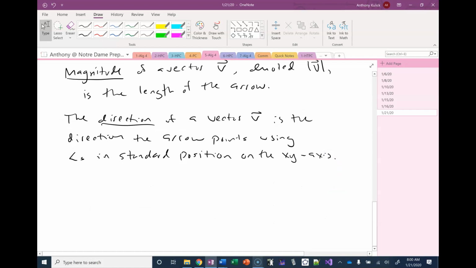So the direction of a vector v is the direction the arrow points using angles in the standard position on the xy axis.